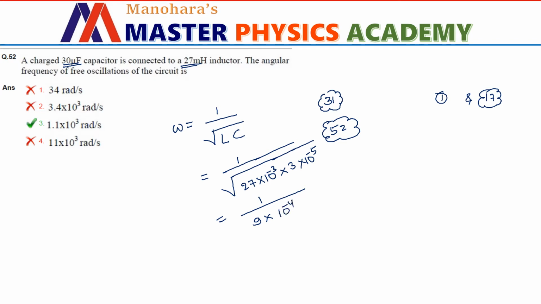So it is 10,000 divided by 9. Solving this, we get 1.11 recurring, so in other words it is 1.11 into 10 to the power 3 radian per second, which is clearly given in option 3. Let us move on to the next question, that is question number 53.